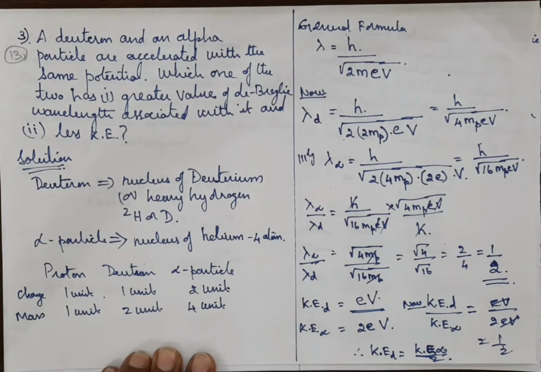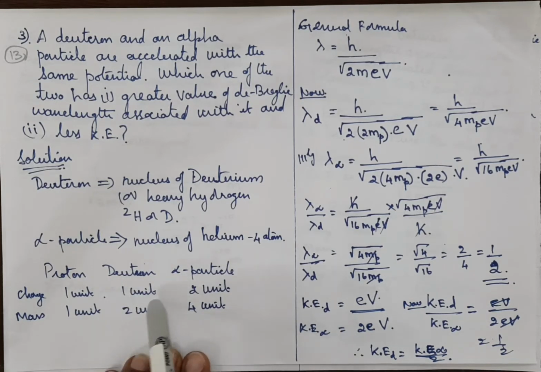So proton, deuterium and alpha particles. Three things: proton, deuterium and alpha particles, with charge and mass. If we consider the proton as the reference with 1 unit, the charge of the proton is taken as 1 unit, and from that the charge of the deuterium is also 1 unit.